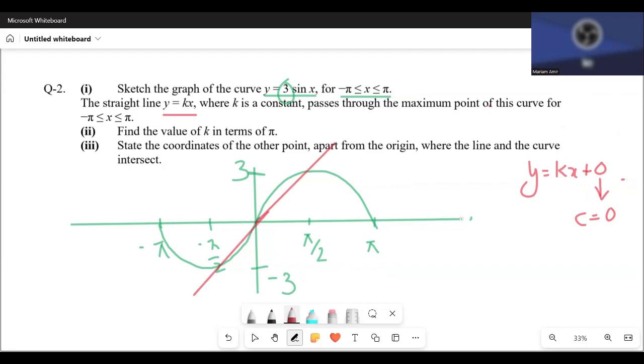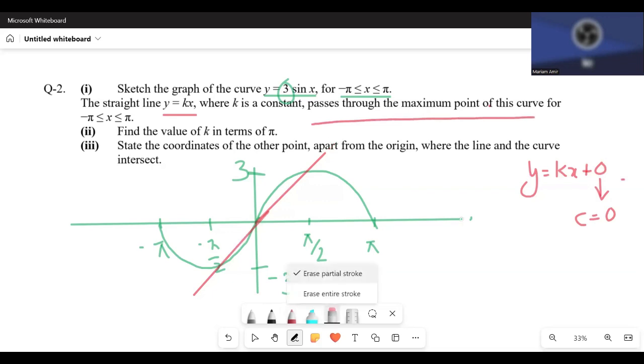And also it says that it passes through the maximum point of this curve. So let me redraw this. It must pass through the maximum point, so the line is going to go something like that. It crosses the origin and it touches the maximum point here.